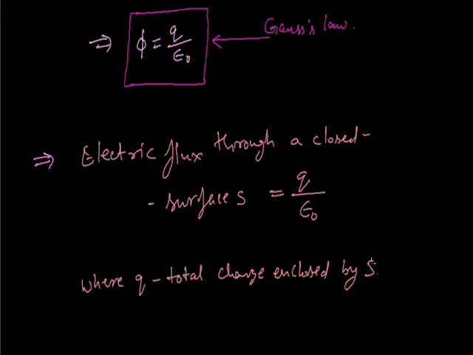Or the other way around, if the enclosed charge is 0, then the total flux through the surface will be 0. So this is the Gauss law.